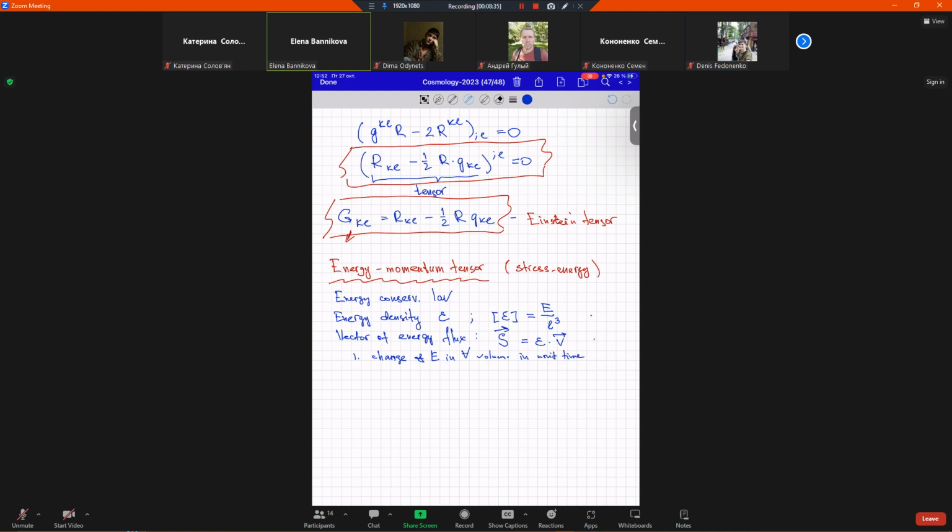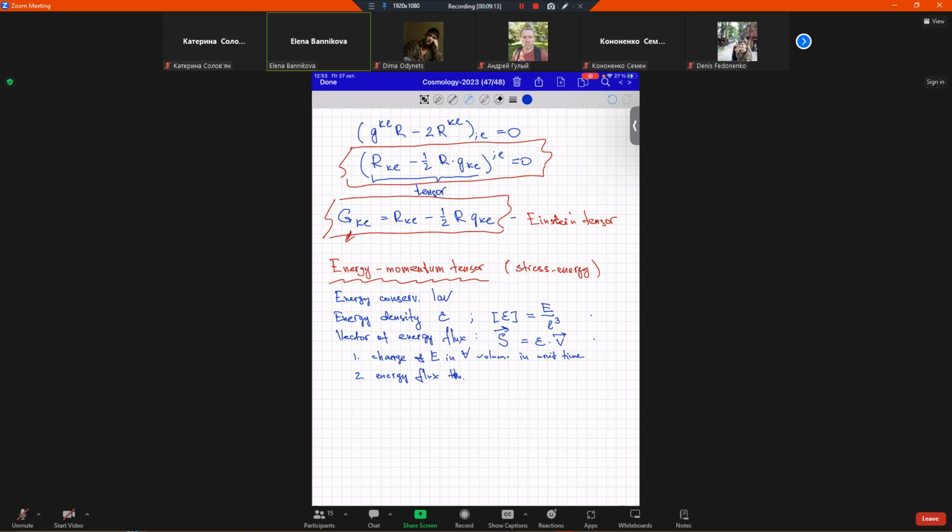The second one, we also can understand is the energy flux through the surface of such a volume. I will describe it schematically a little bit later.